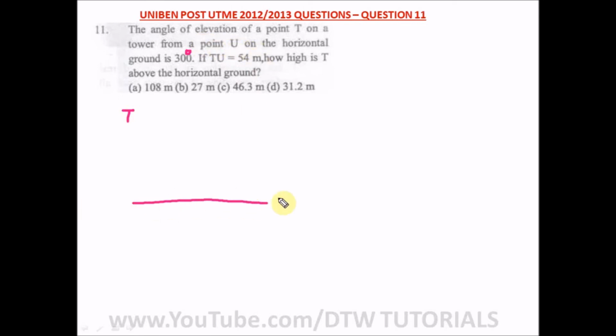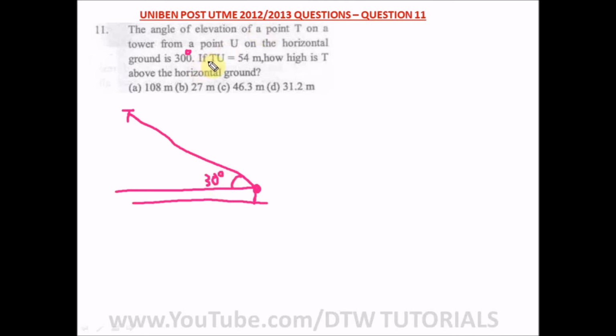Okay, this is our horizontal ground, from a point U. Let's say someone is standing here on this horizontal ground. This is the angle of elevation, which is 30 degrees.